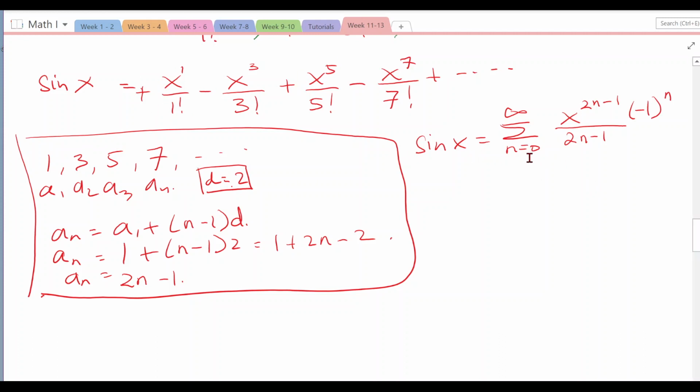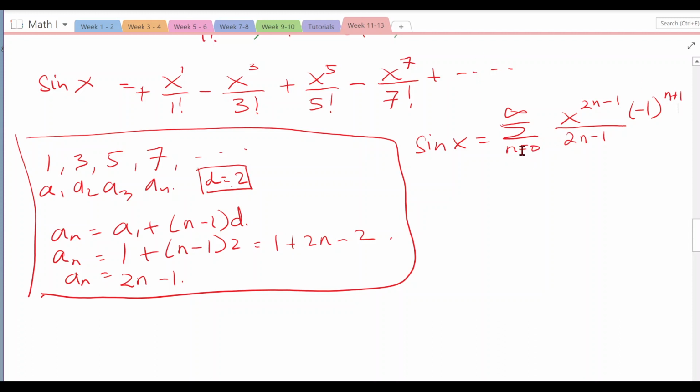Starting from 0, I think there's a mistake here. Maybe negative 1 to the power of n plus 1.